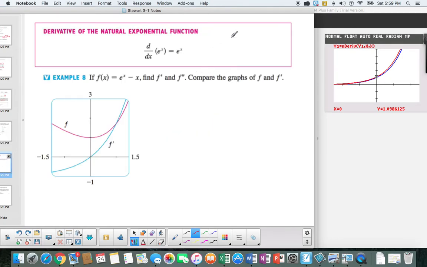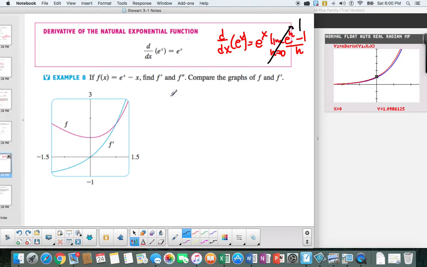So the derivative of e to the x will be equal to itself times the limit as h approaches 0 of e to the h minus 1 over h, and this e has been defined to yield this limit equal to 1, and that's what we're getting right here.